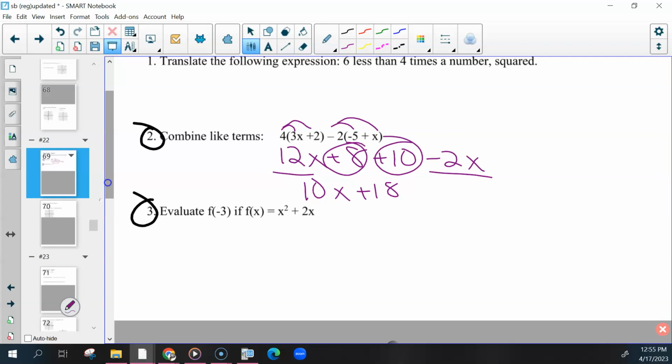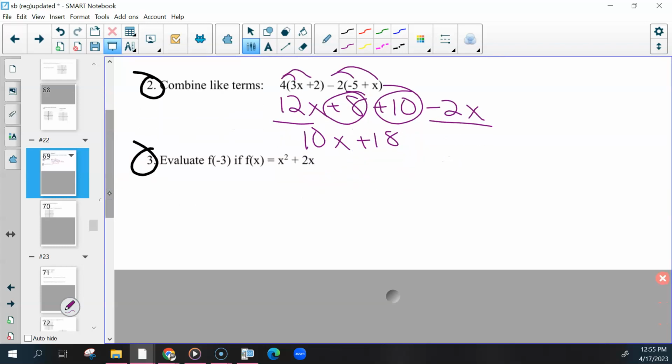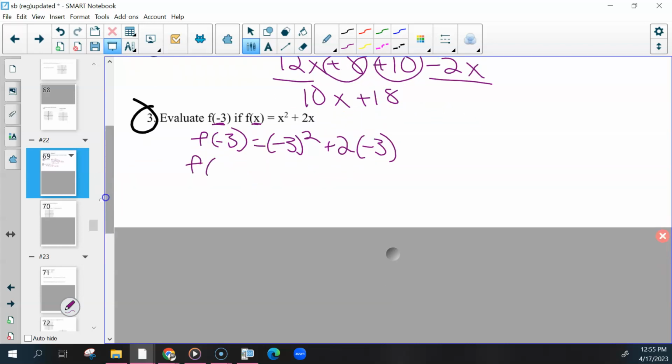Number 3, you are evaluating. This -3 is where x is, so you're going to put -3 in for all of your x's. And simplify. So this will give us 9 minus 6.